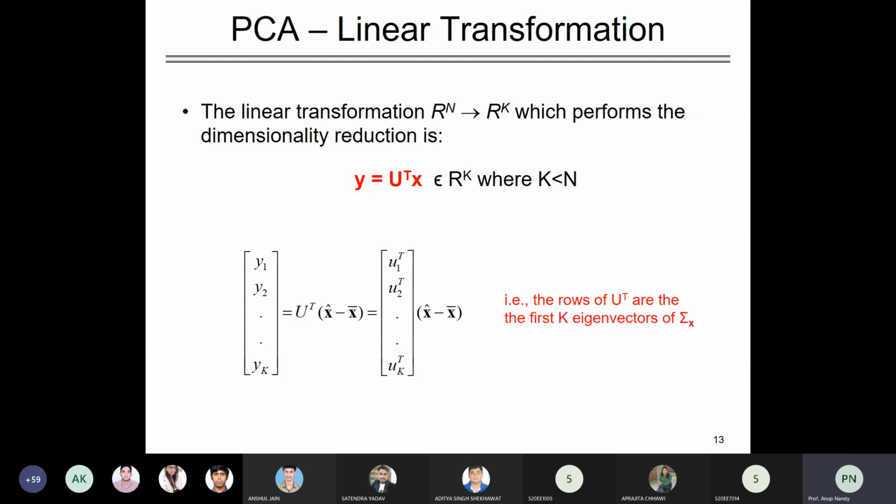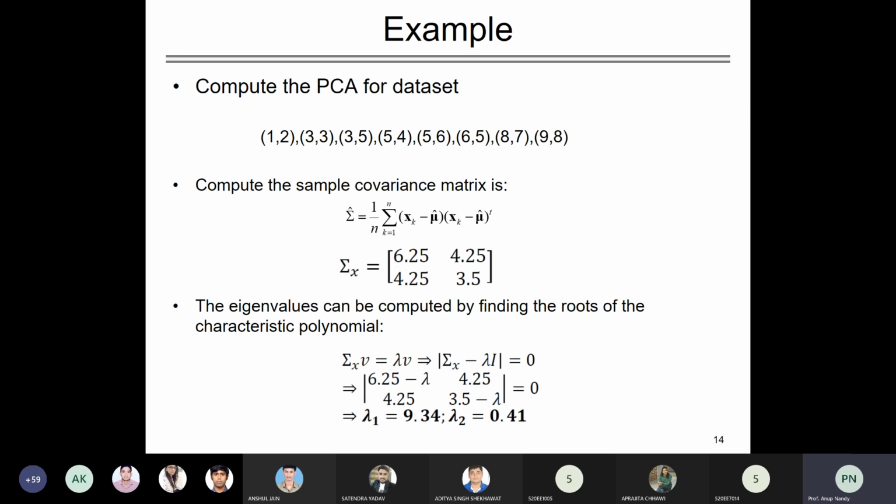As you are doing this U transpose, obviously each row will be considered. But if you have the simple U, each column will be considered an eigenvector. But if you do the U transpose, the rows will be made by the columns, and the columns by the rows. Then obviously these rows are the first k eigenvectors.